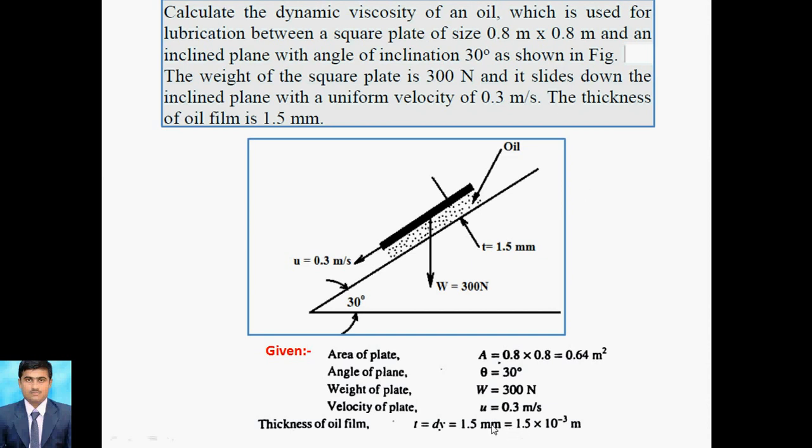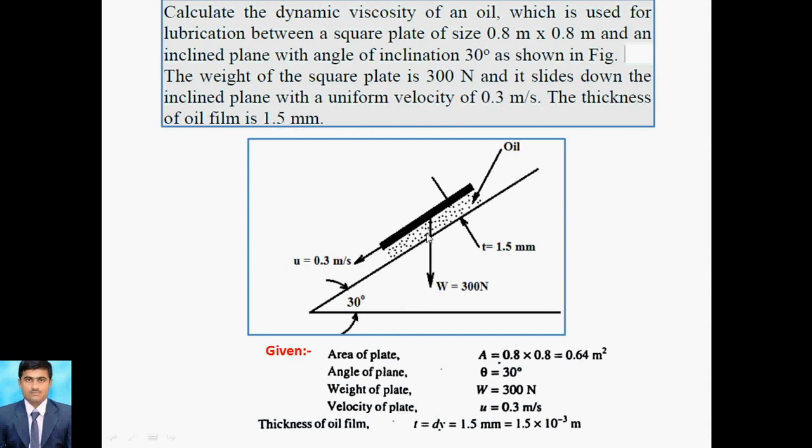So this is the area of the plate, that is 0.8 into 0.8, that is 0.64 meter square, for an inclined plane with inclination 30 degree as shown in the figure. The weight of the square plate is about 300 Newton, and it slides on the inclined plane with uniform velocity 0.3 meter per second, and the thickness is overall about 1.5 mm.